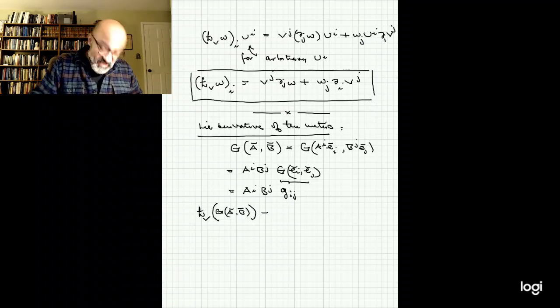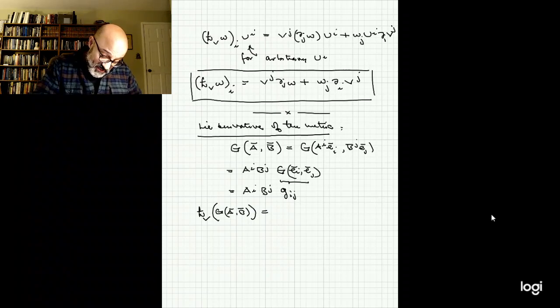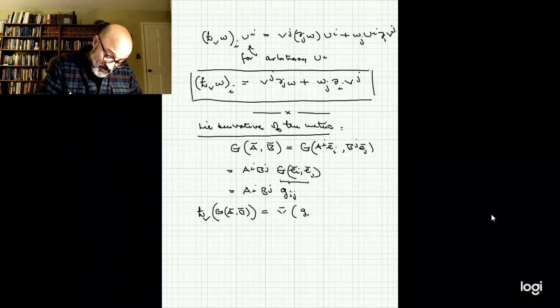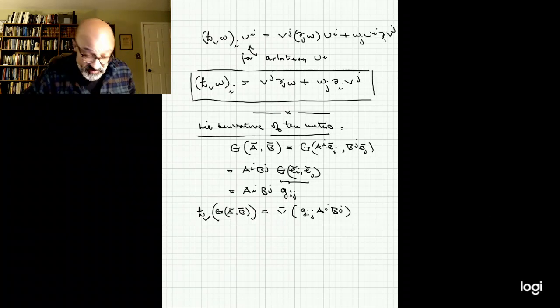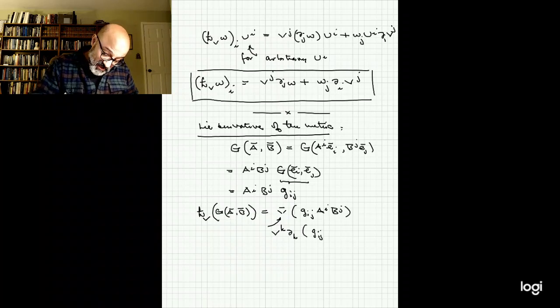We can compute that by saying whatever this is, it is a scalar. So if it is a scalar, we do V acting on these three guys. And these are just derivatives. Vk, dk acting on Gij, Ai, Bj.